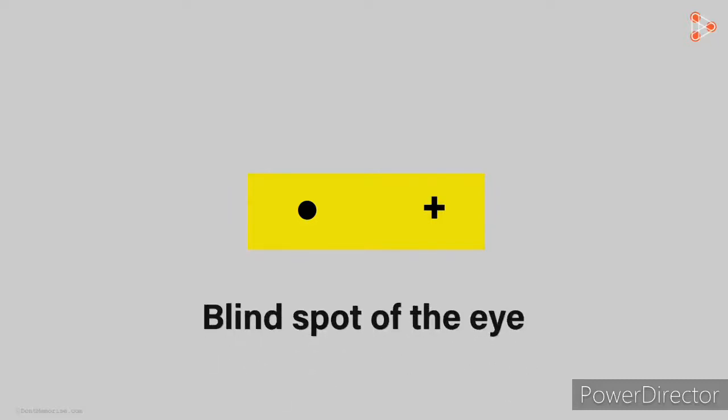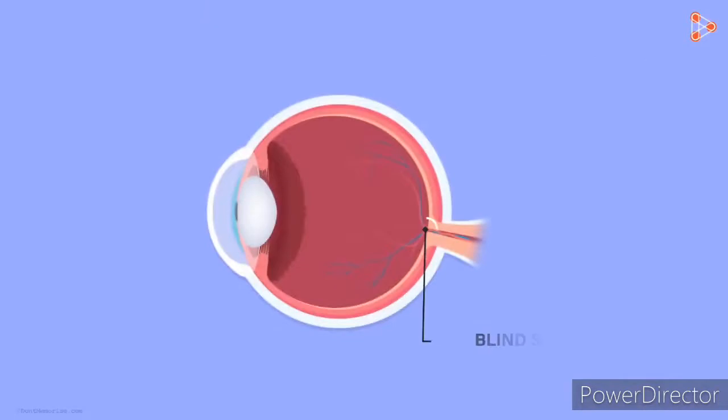We are going to perform a demonstration to find the blind spot of our eye. Yes, our eye has a blind spot. What is it though, and what does it mean? It is a spot on the retina of the eye where we cannot see the light when it is incident on it. I will explain its details a little later, but first I will prove its existence to you through an experiment. Okay, let's go back to the start again.